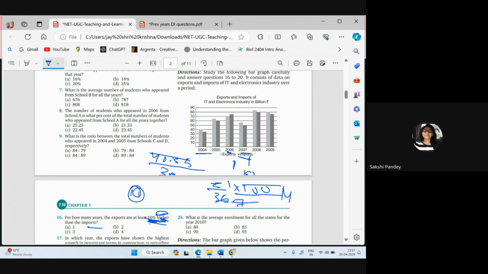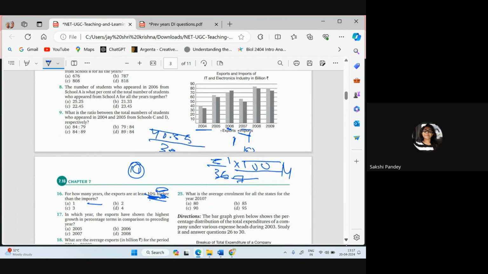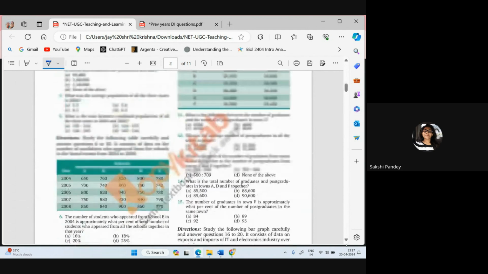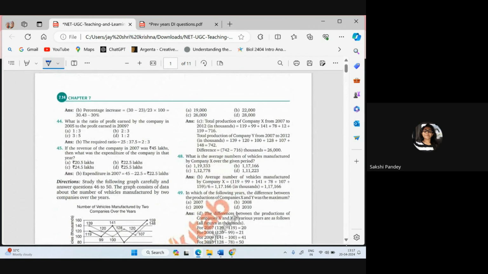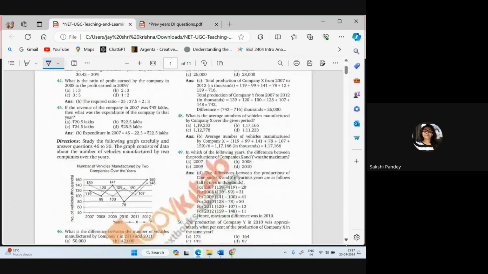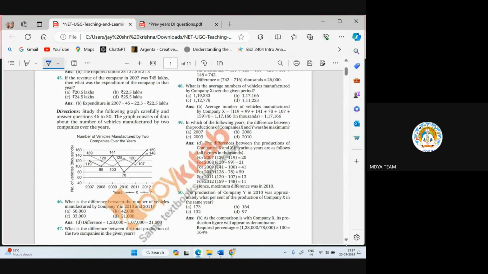Can you show question number 48? The initial 48, not below, the upper one. Here, I think, sir, the answer is wrong. What is the average number of vehicles manufactured by X over the given period? Study the following graph carefully and answer the number of vehicles manufactured by two companies over the years.